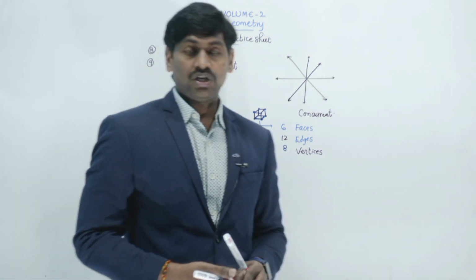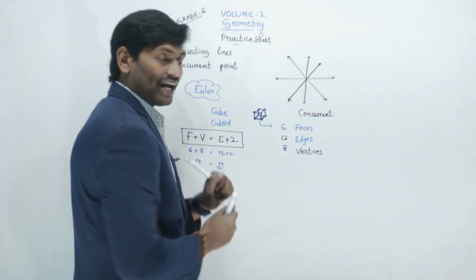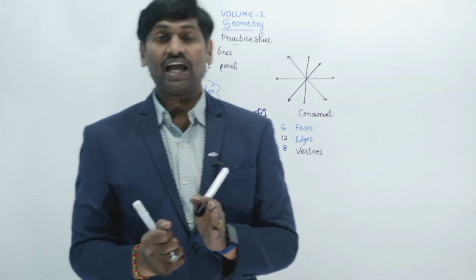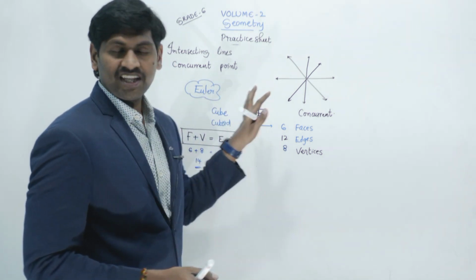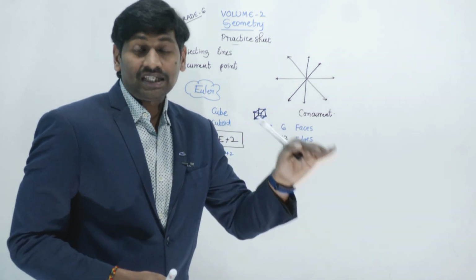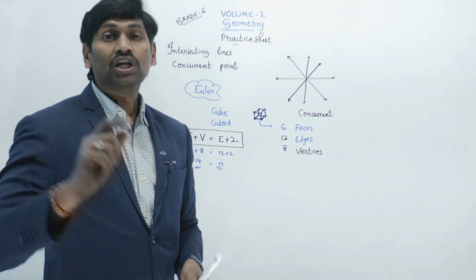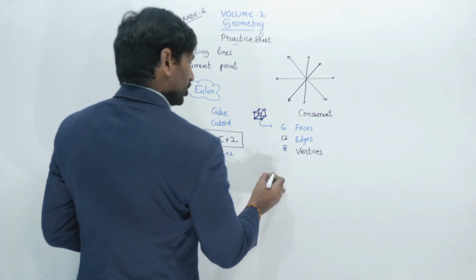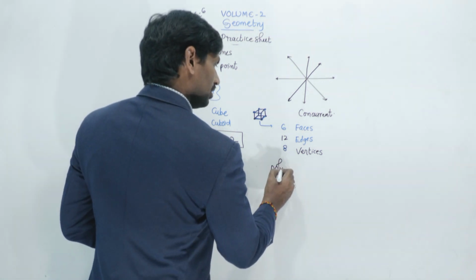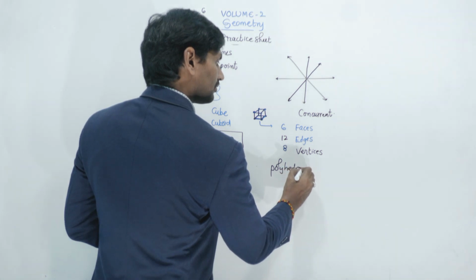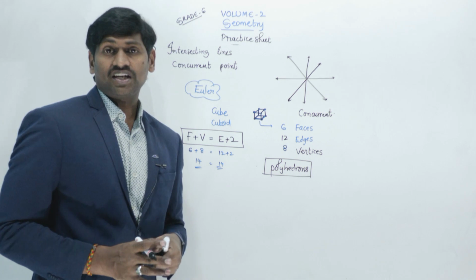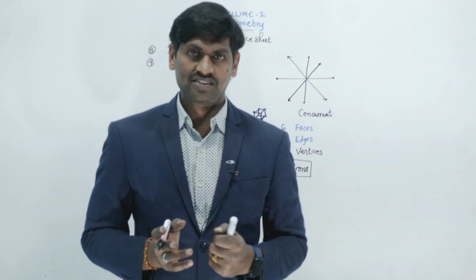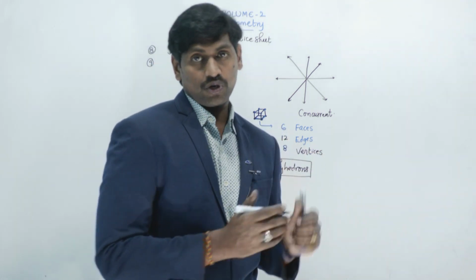And I told you, we are discussing flat surfaces. Three-dimensional objects having flat surfaces follow the Euler formula. That type of solid is called a polyhedron. What are they called? Polyhedrons. That means three-dimensional objects having flat surfaces are called polyhedrons.